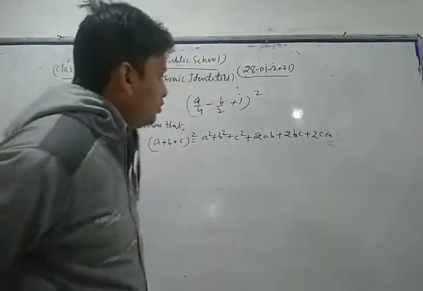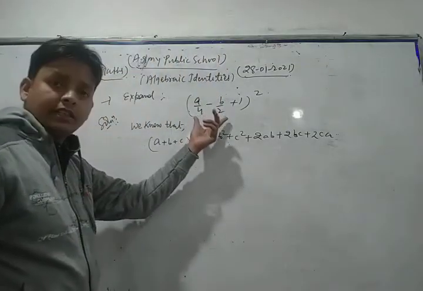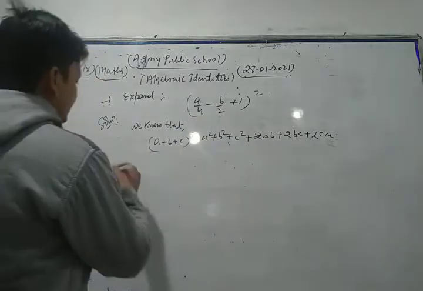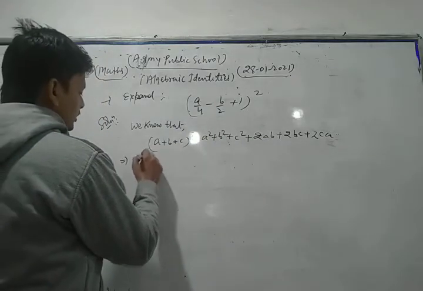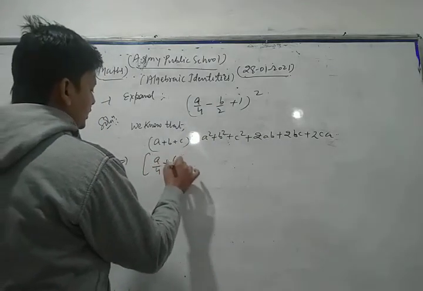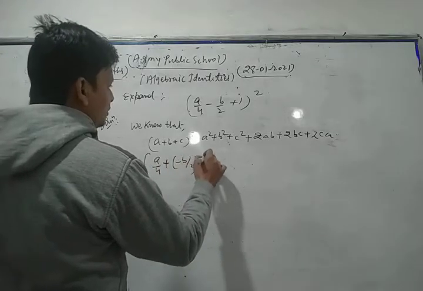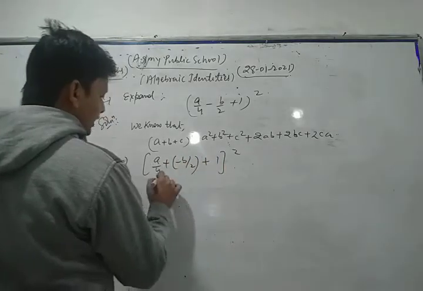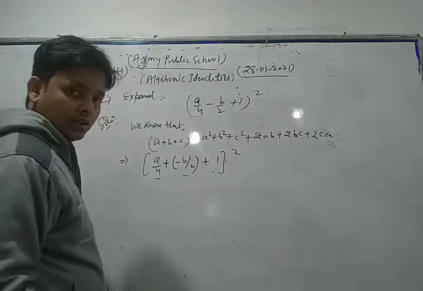Now first of all we arrange this in the form of this. So we can write this as a/4 plus minus b/2 plus 1 whole square. Now this is a, this is b, this is c. Okay, now we expand them.